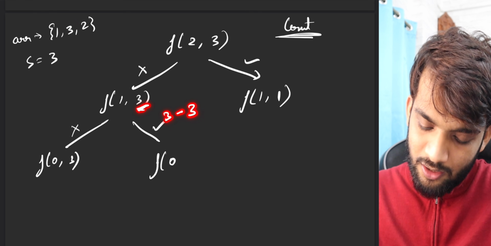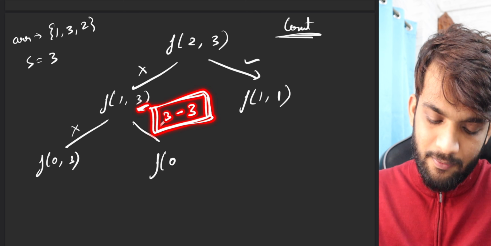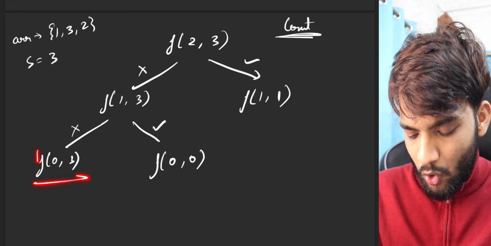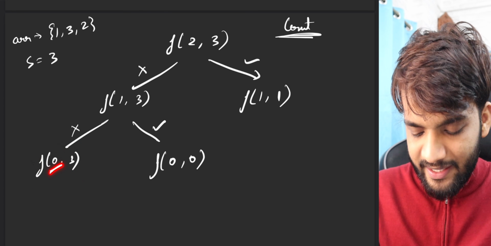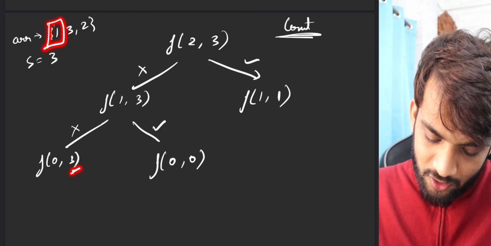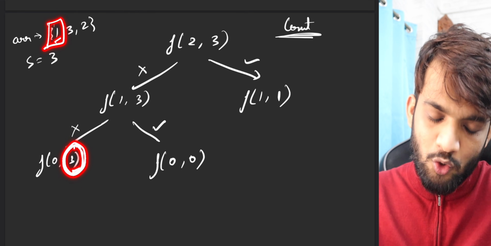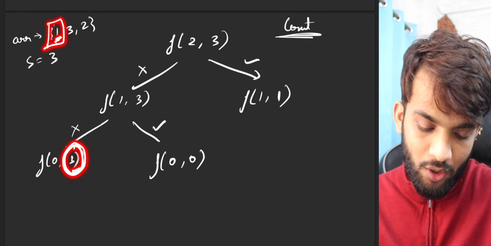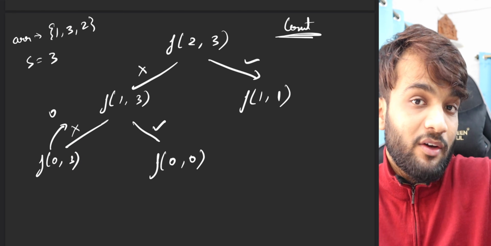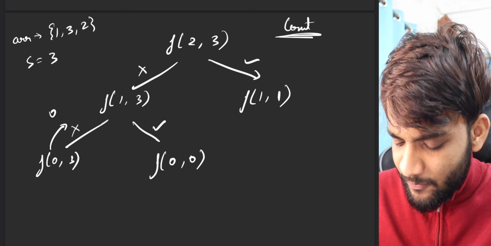You took 3. So this is what happens, 3 minus 3, thereby 0 comma 0. Okay. Now this is 0 comma 3. So you have reached index 0, and you are still looking for 3. Can you obtain 3 from here? No. So you say this is not a possible way. Make sense? This is definitely not a possible way. You're at f of 0, 0.